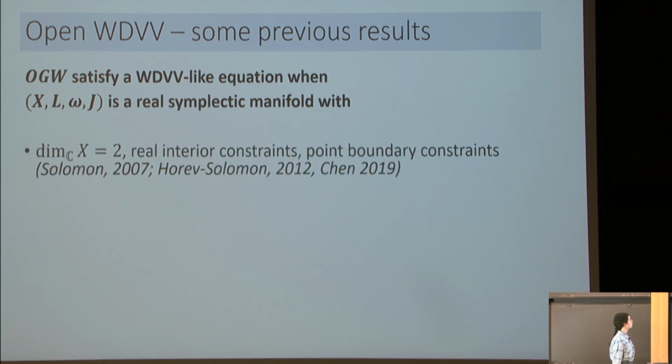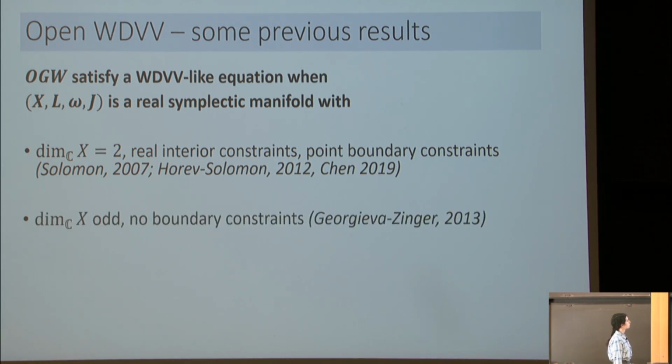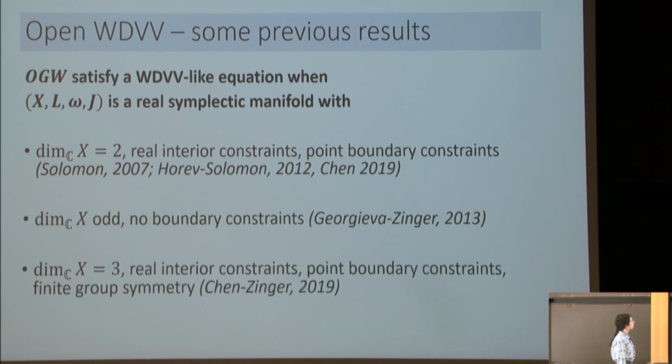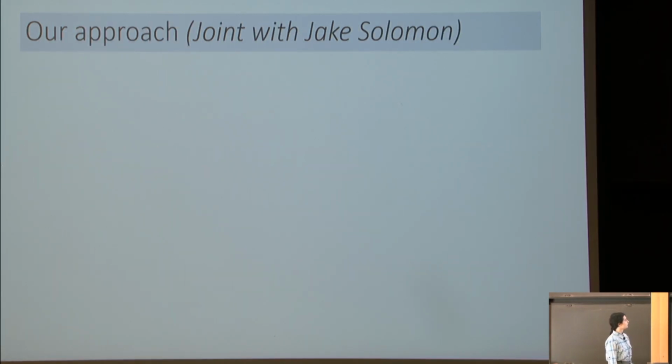Think complex manifolds, Kähler manifolds, dimension 2, dimension 3, and in general odd dimensions if you don't have boundary constraints. So basically, the real cases where invariants were defined before were also proved to satisfy the WDVV equation. Otherwise, tough. And in the non-real cases, there is no WDVV so far.